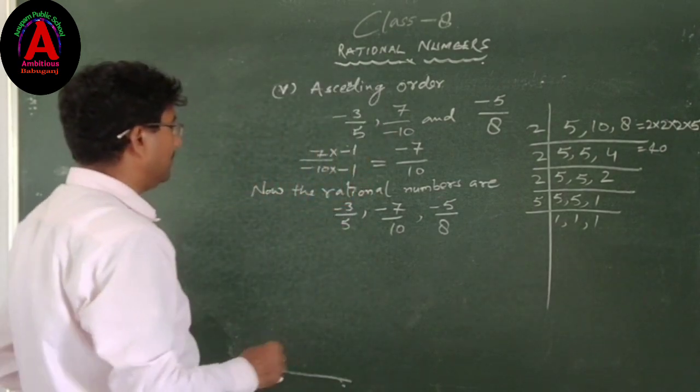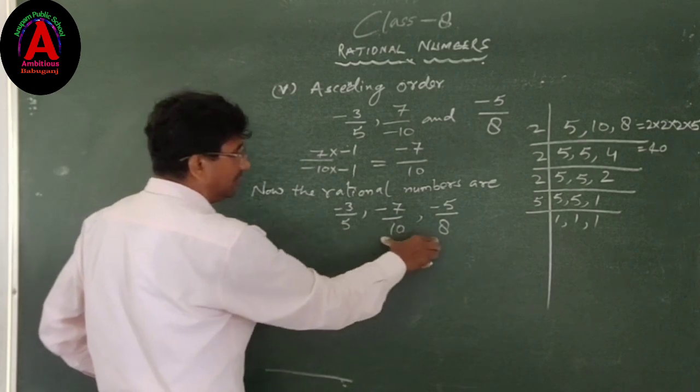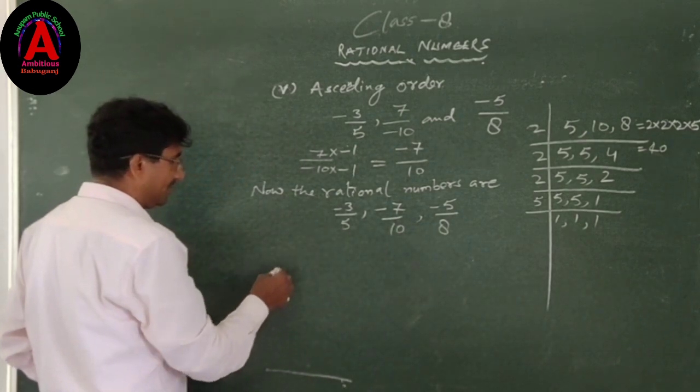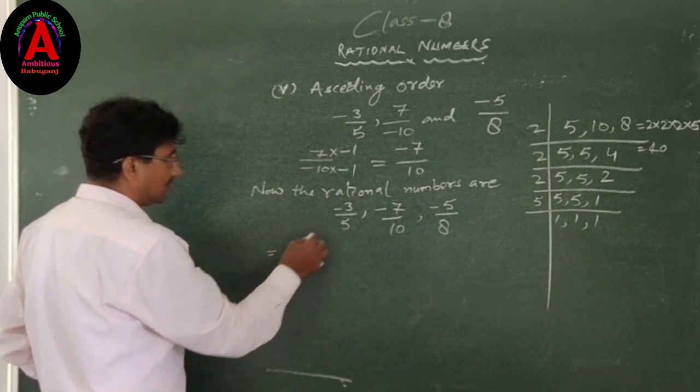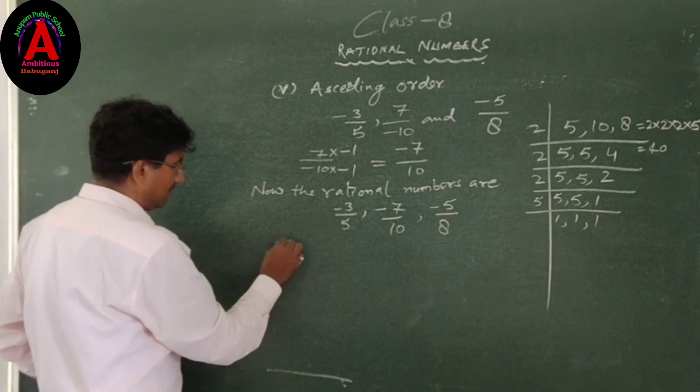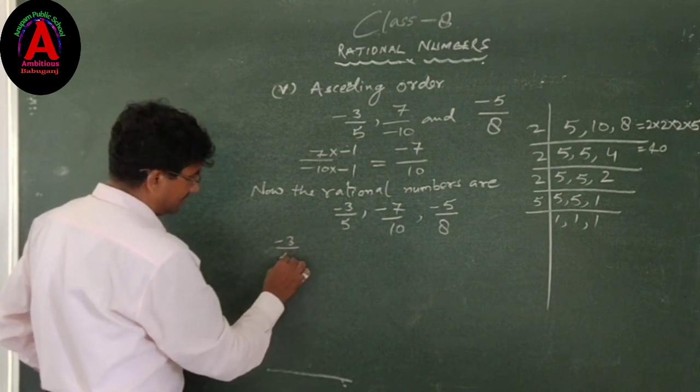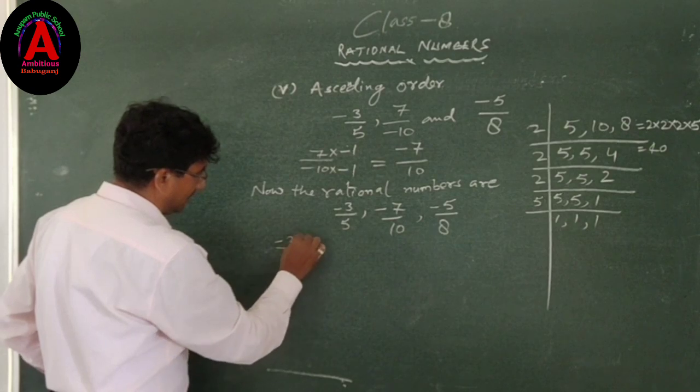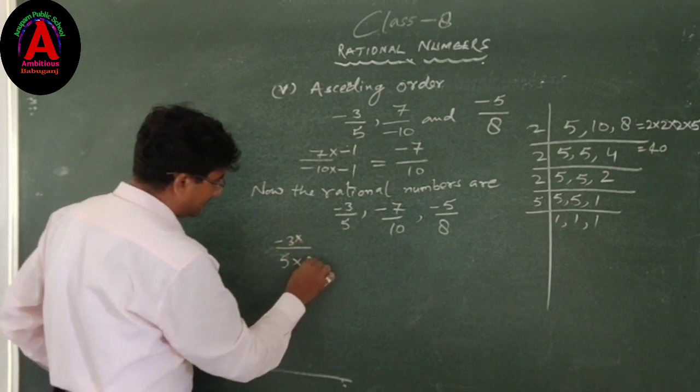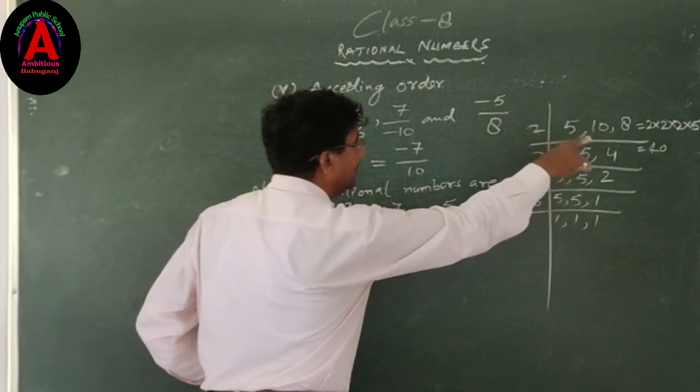So we will have to make 40 in all denominators. Minus 3 upon 5, we have to multiply here by 8. After that it will be 40.